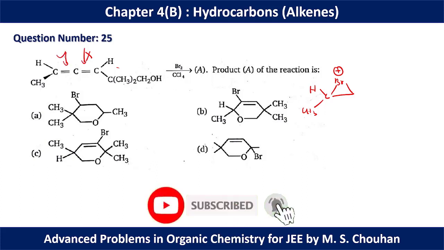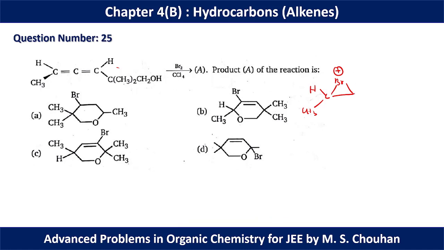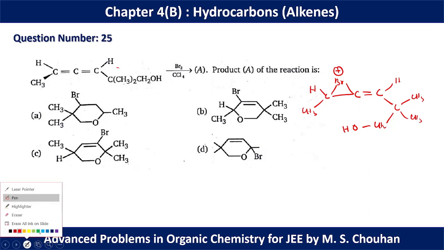Okay, now we can draw the rest of the molecule like this: C double bond CH carbon with 2 methyl groups and CH2OH. Okay, now we can draw the final product like this.